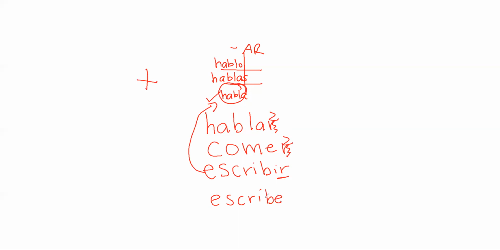Now, it's escribe. That is not an accent mark. Kind of looks like it, but escribe is that form that would show up where we have got habla right here. This is where come would be. This is where escribe would be. This is where almost all of our conjugations from the affirmative tú command come from, whatever this third person singular form. Now, there are going to be exceptions to it, and we're going to talk about those right now.